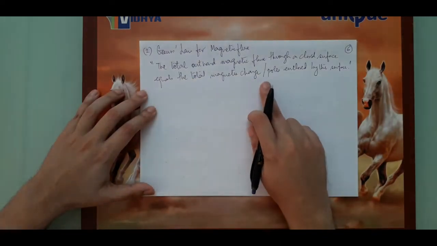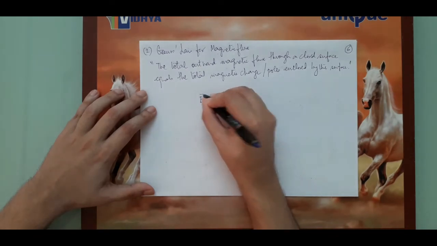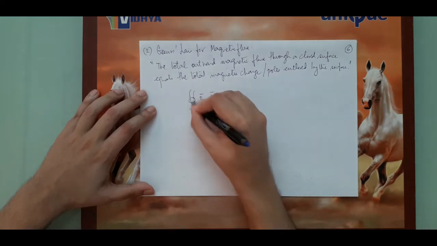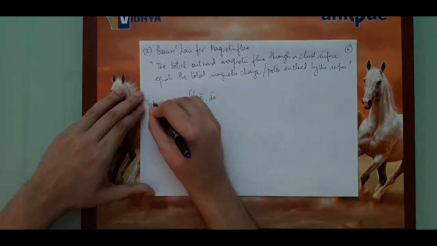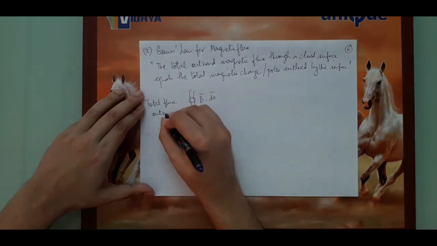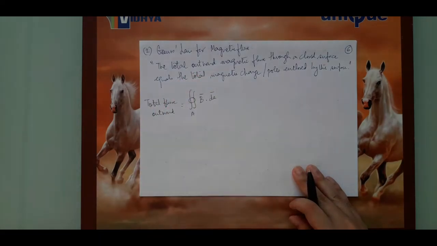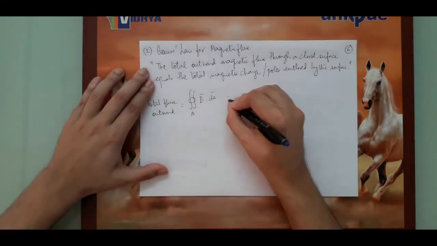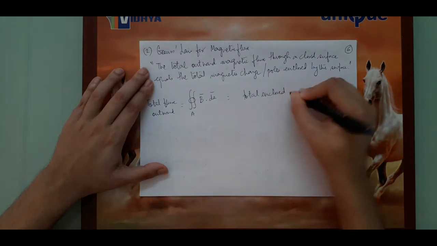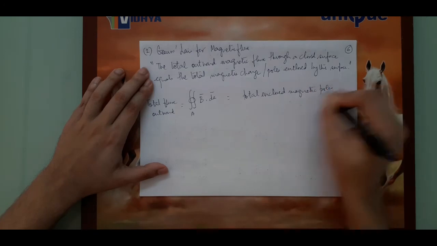if I say the magnetic flux density B and the total flux is given as this, very similar to what we did for D, this will be equal to total enclosed magnetic poles, which is nothing but 0.